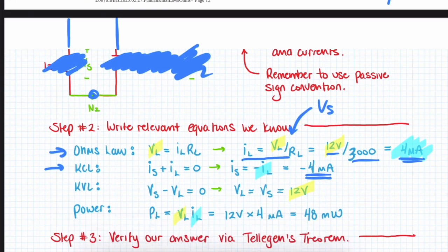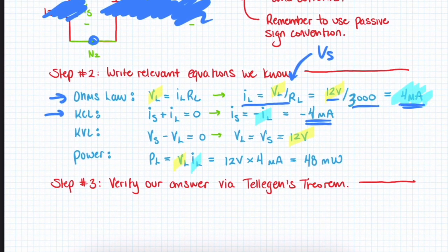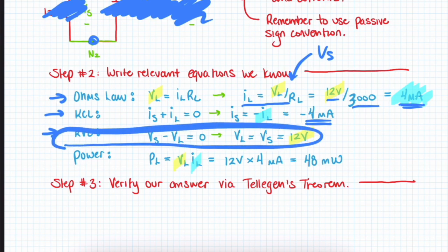So, for these earlier problems, the nice thing is generally, you can use sort of practical logic in order to verify. Then we use KVL. Although this is really kind of redundant because we already made the assumption above that VS was equal to VL, which is what KVL gives us. And then we calculate power. Now, again, remember, this would be power absorbed because we're obeying the passive sign convention.